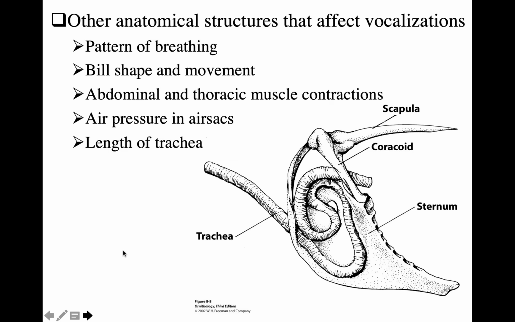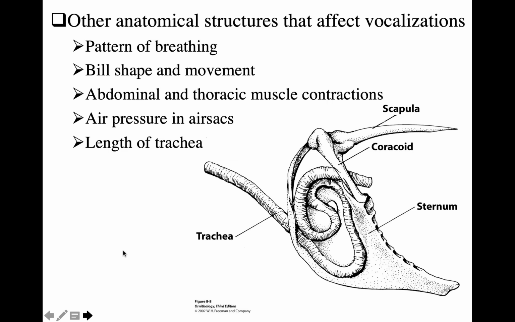You will see birds moving their bills in variable ways when they're producing vocalizations, and that also varies the sound that is produced. And the pressure associated with the abdominal and the thoracic muscles also can affect things like the amplitude and the frequencies produced.